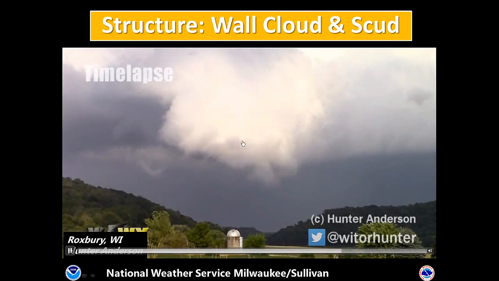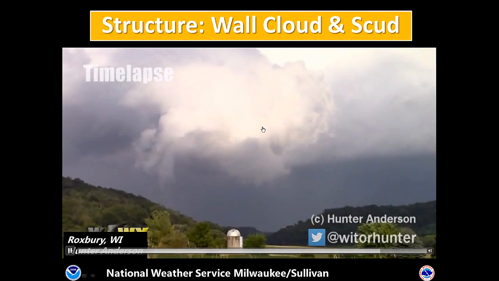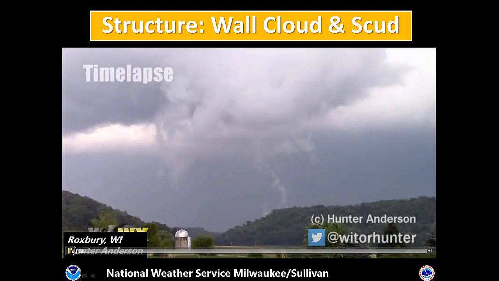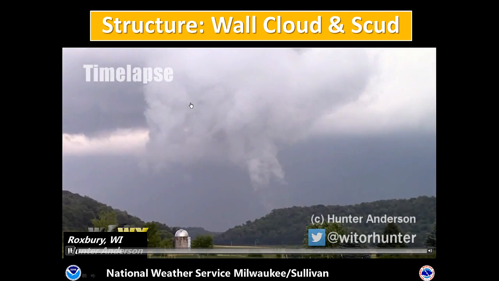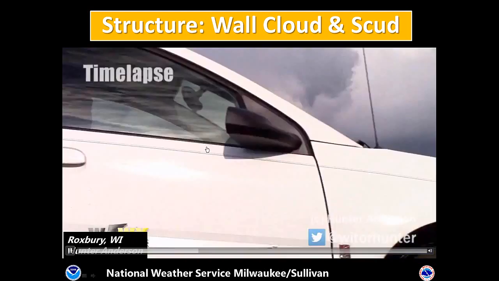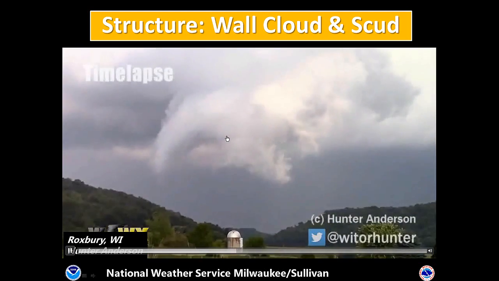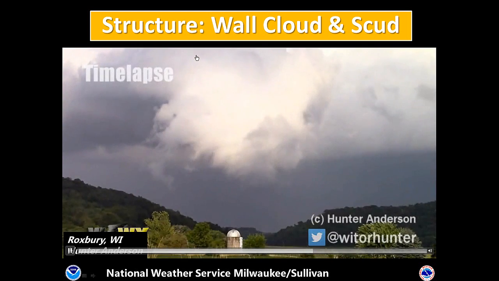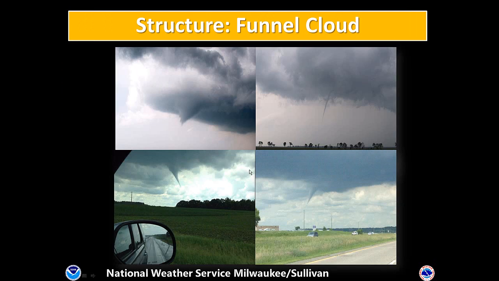But if you watch the rotation here, you can see the wall cloud and how different this looks compared to other wall clouds that were just pictured before. So watch the top part of this time lapse. You can see left to right in front, and then right to left in back. So this would be considered a wall cloud here. No tornadoes occurred, but this is where the air is all going up into the thunderstorm.